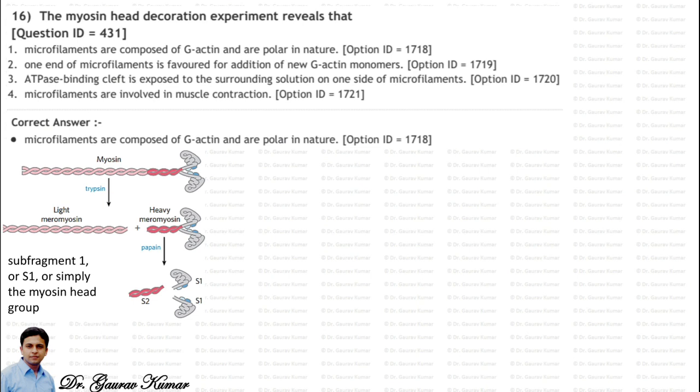The heavy meromyosin, on the action of papain, is broken down into S1 and S2 subparts. The subfragment 1, or S1, is called the myosin head. So now we understand what the myosin head is.